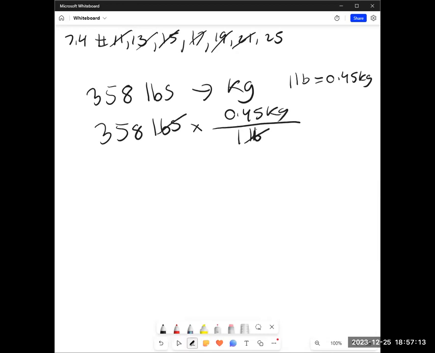Pounds cancel. Now I'm multiplying by a number less than 1, so I expect this number to go down. 358 times 0.45 is going to be 161.1 kg.